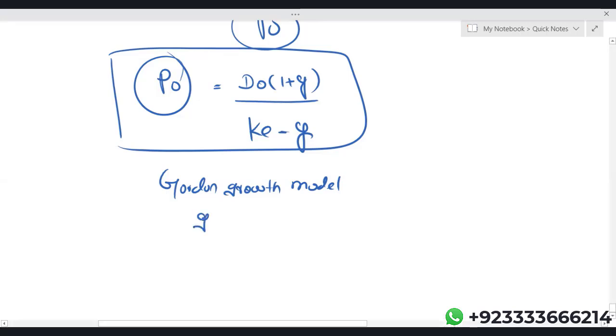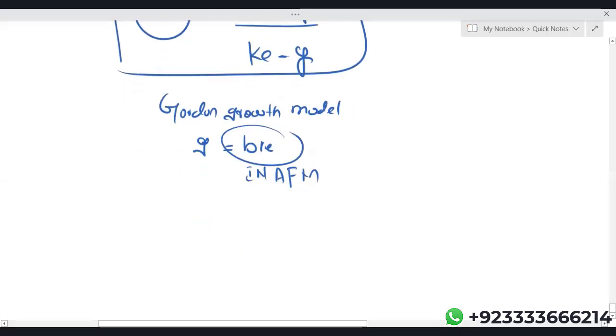So the annual dividend growth rate is equal to bR. Normally we use RE, but in AFM this formula changes a little bit.